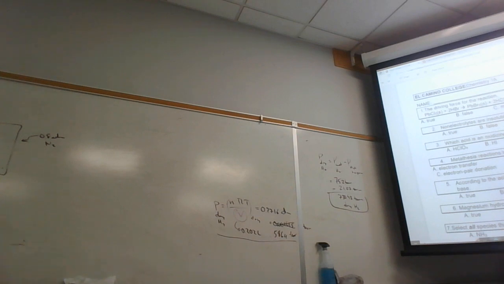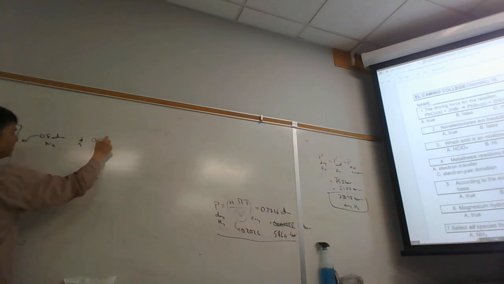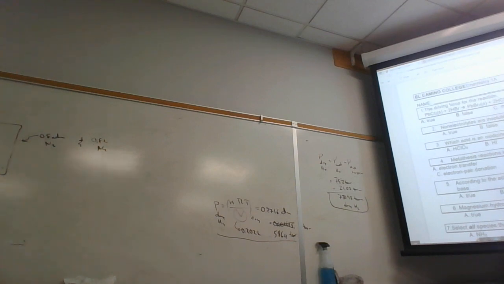But can we say it's 0.8 atmospheres of nitrogen and that is 80% of the pressure and 80% of the volume? In other words, can we take 80% of this is nitrogen, therefore 80% of the pressure and 80% of the volume is nitrogen? Can we do that?